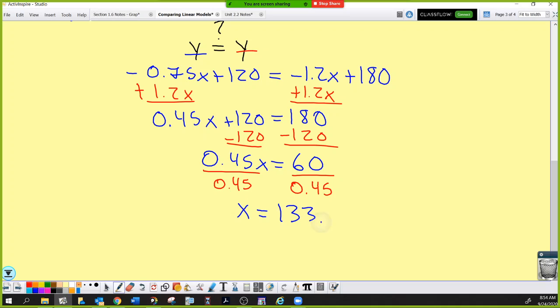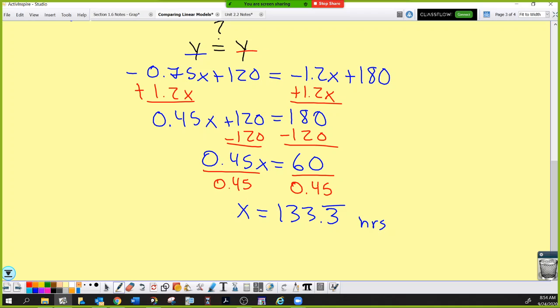133.3 repeating hours. It's okay if it repeats. Because actually, you know 0.3 repeating means a third, right? How long is a third of an hour? That's a half of an hour. It's a third of an hour. 20 minutes.